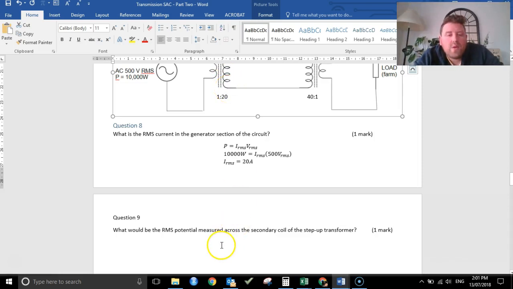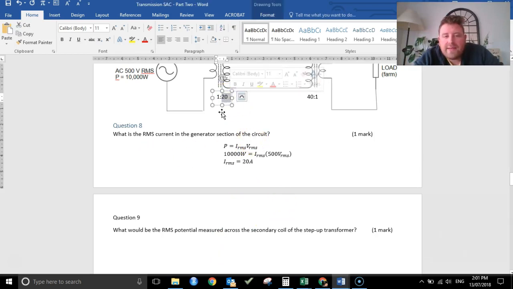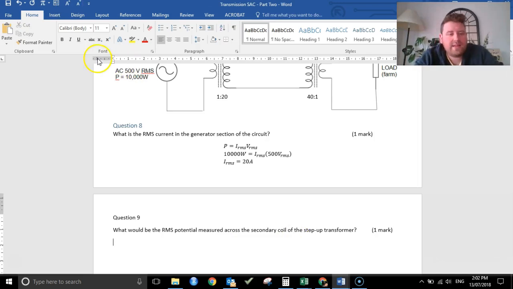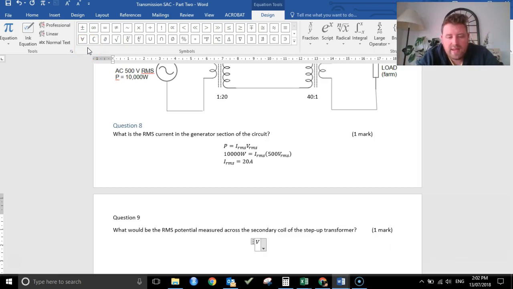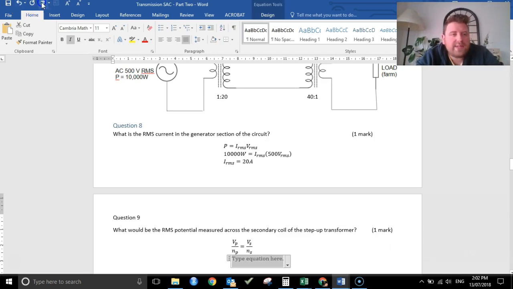We know that the potential is going to be stepped up by a factor of 20. So if we have 500 volts and we step it up by a factor of 20, let me write this out more formally: V primary divided by N primary equals V secondary divided by N secondary. In our case, we can plug in some numbers.